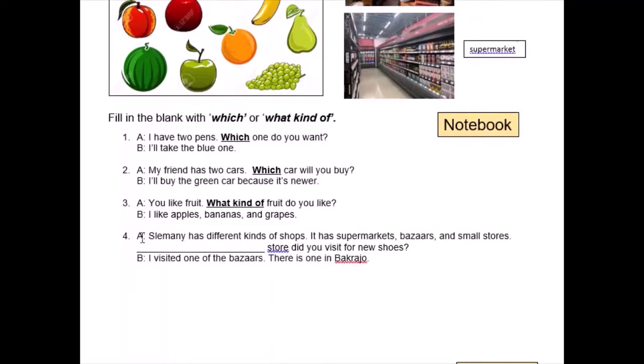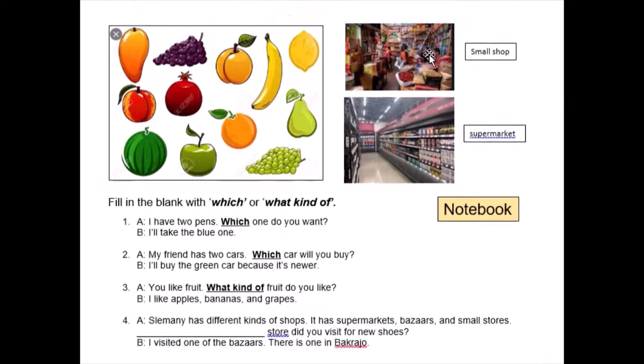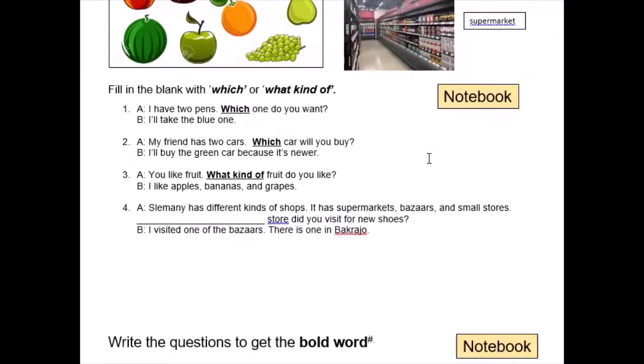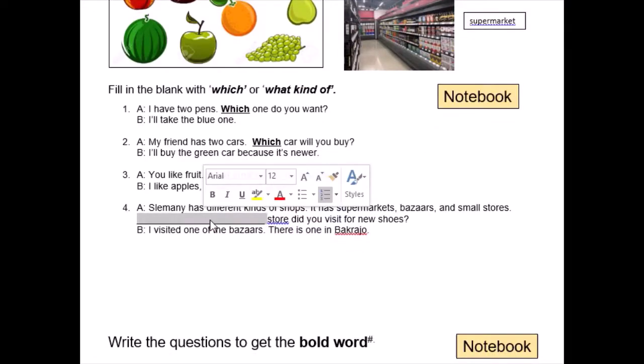Okay. Number 4, Slimani has different kinds of shops. It has supermarkets, like this, bazaars, and small stores, like a small shop like this. Store did you visit for new shoes? So I'm asking, again, these are the different kinds of shops.